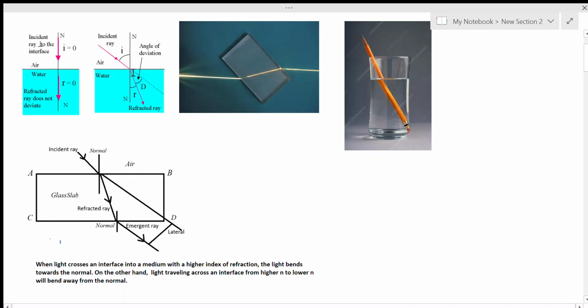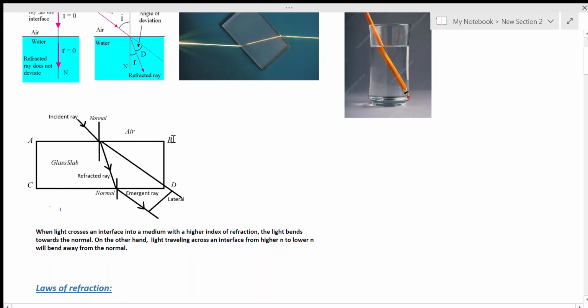Then it deviates from its original path. This was the original path, from that it is getting deviated. As well as there will be a change in the speed of the light ray when it is in air as well as in water. That is caused by the difference in the refractive index of water and air. The refractive index of air is always 1. Air or vacuum, we can take it as 1.